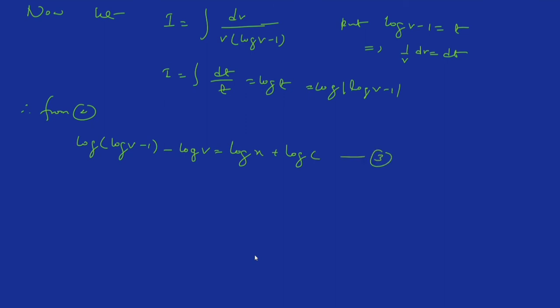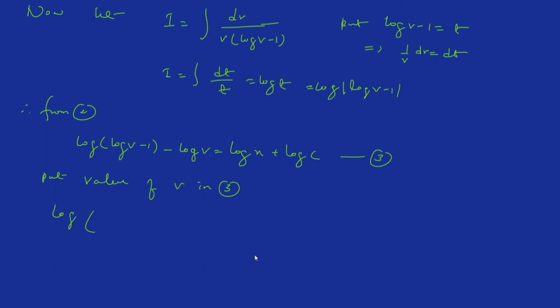Take it as equation 3. Now put the value of v in equation 3. Then we get log(log(y/x) minus 1) minus log(y/x) equals log x plus log c.